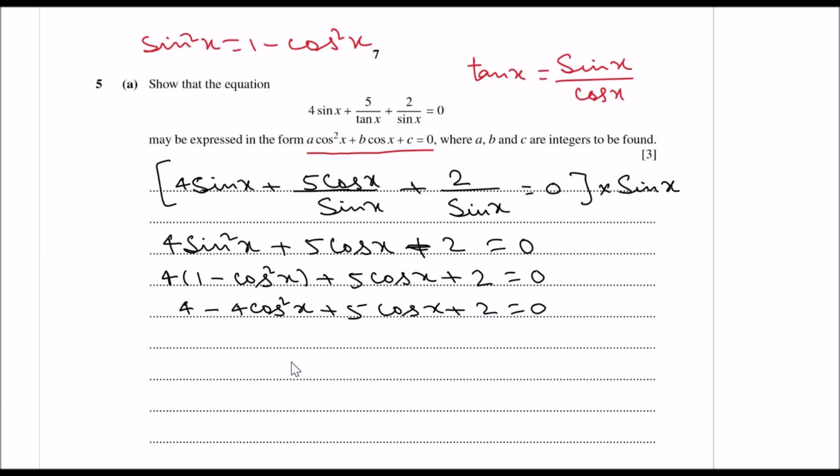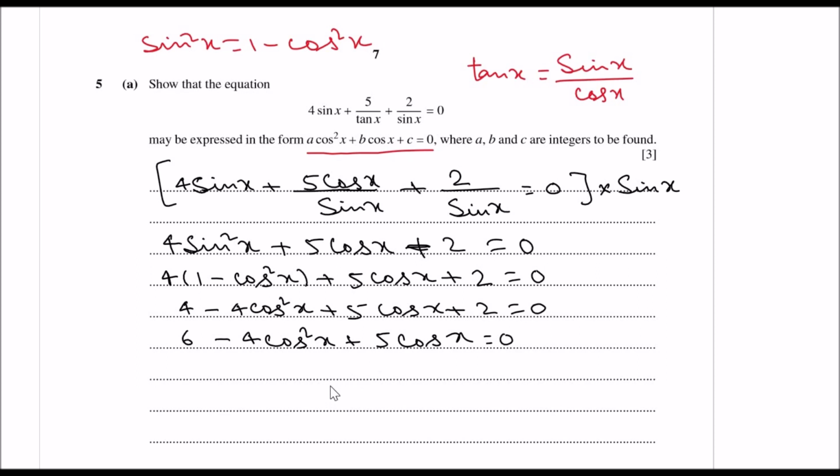Now we need to combine the like terms. So 4 plus 2, that gives us 6, minus 4 cos square x plus 5 cos x equal to 0. Now cos square x, the leading term should be positive.